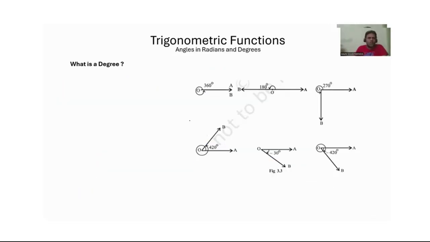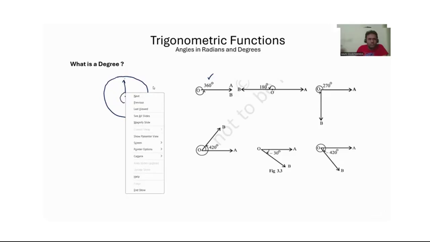Now let's see what a degree is. The full rotation, as in the first diagram here, is 360 degrees. Let's say I have a circle here, and this is the center. Let's take a clock, and let's say this is a minute hand.